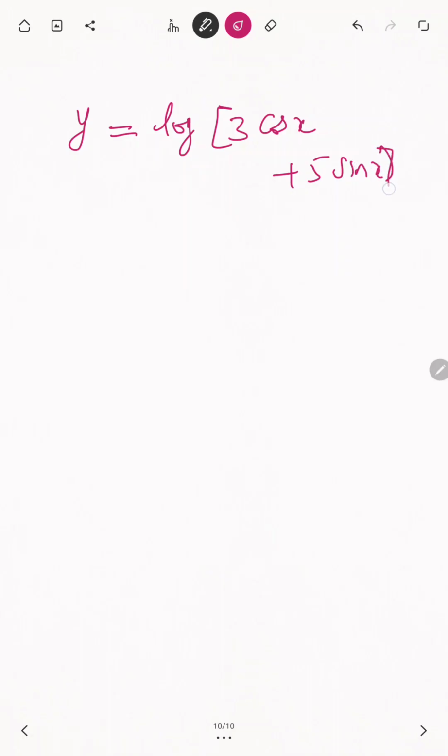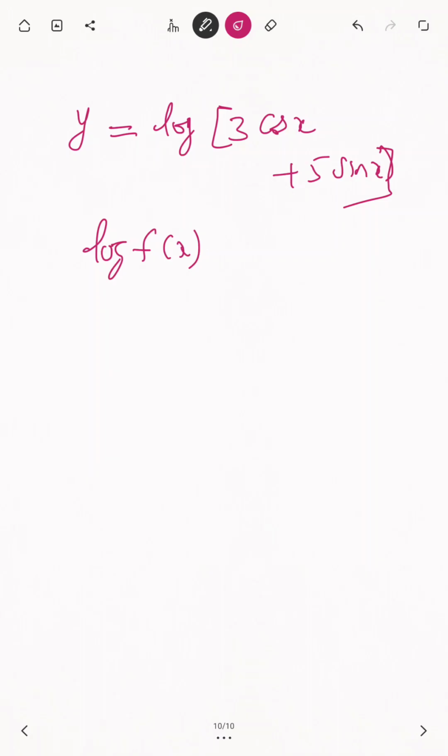Okay, fine. Next one. Y is equal to log of 3 cos x plus 5 sin x. It's a very easy sum. Right. Log of f of x, you write. Then what is f of x?